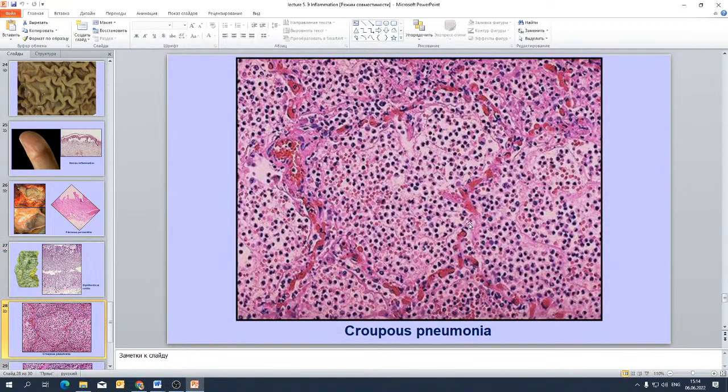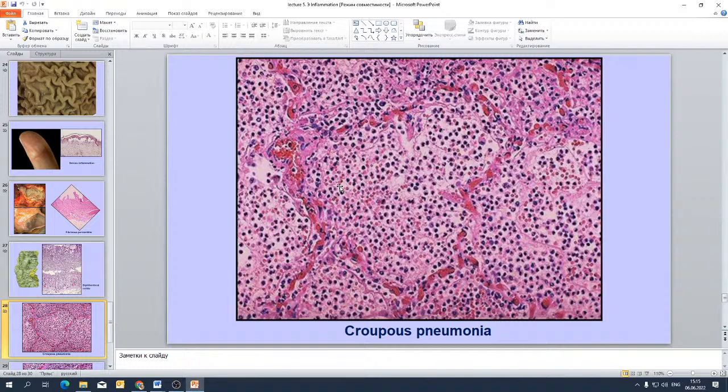Next picture, croupous pneumonia. We discuss fibrinous inflammation, the first subtype, croupous pneumonia. For example, here you see pink colors, this fibrin is pink, and a lot of cells, different types of cells.